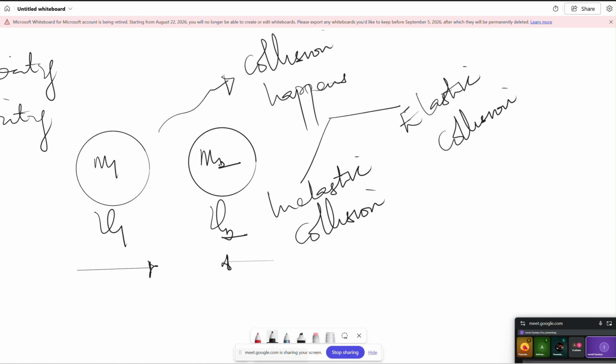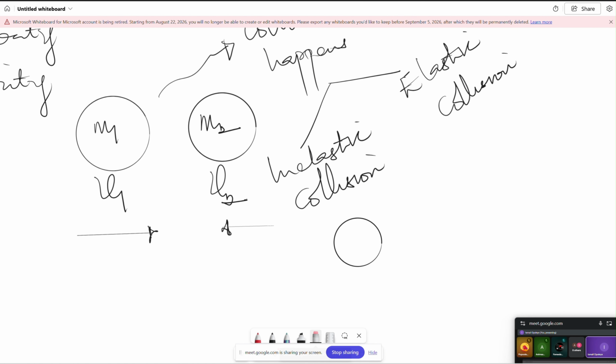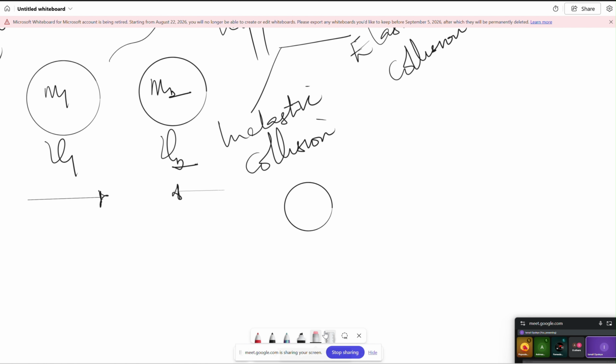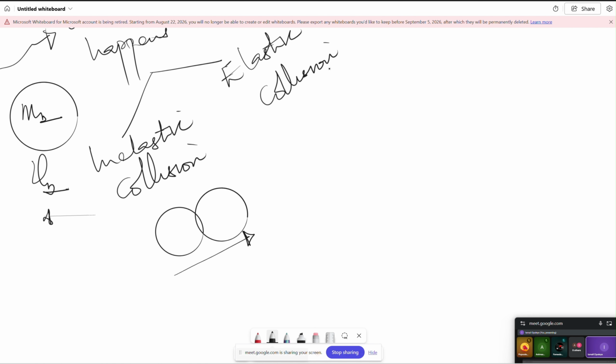That is, if after collision you have something like this, let's just manage that, they move together.